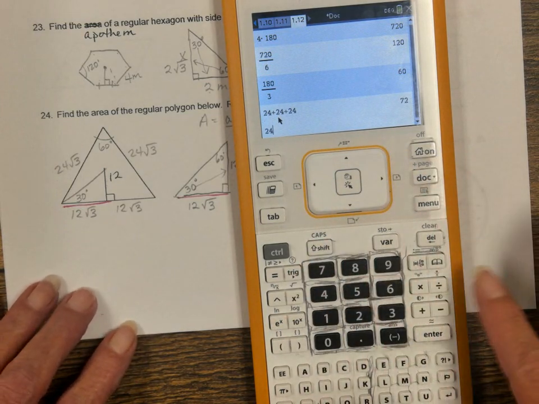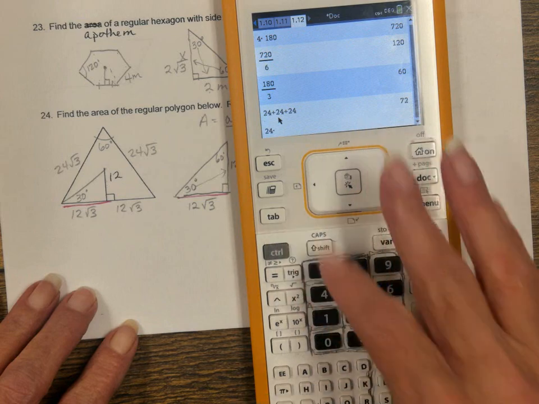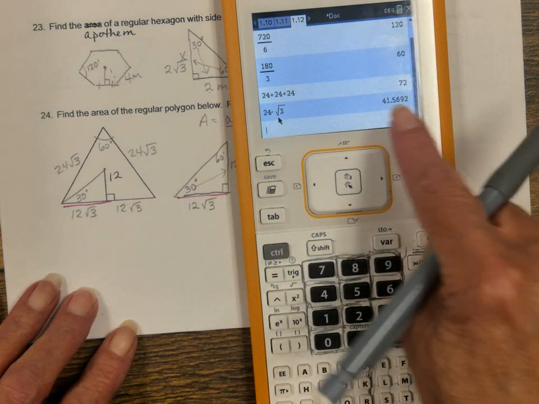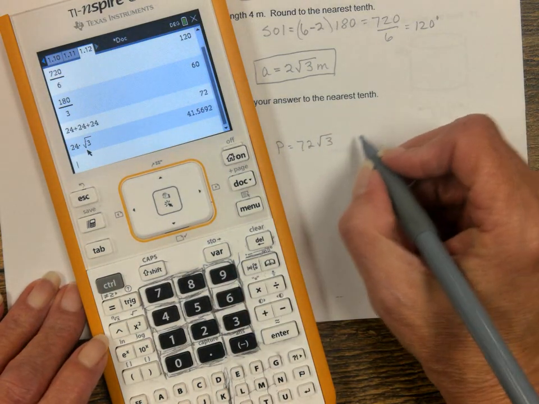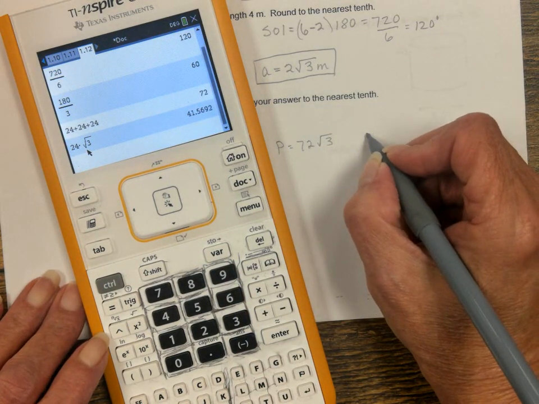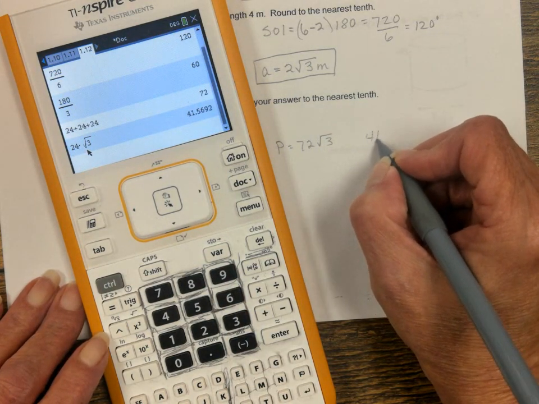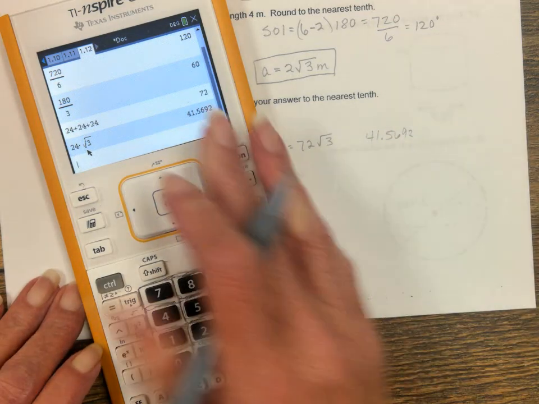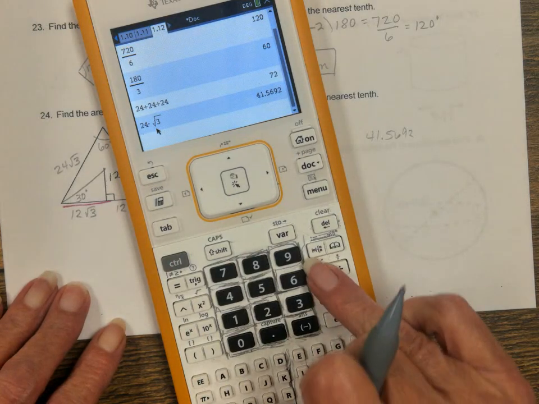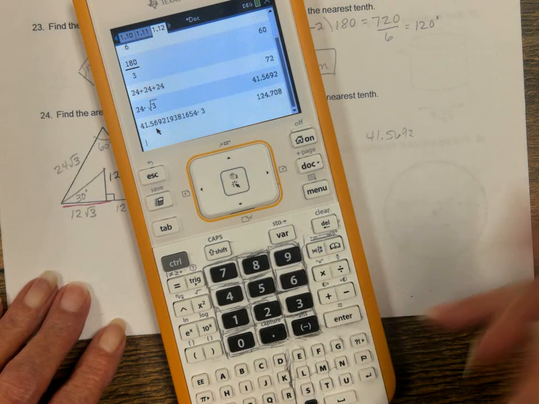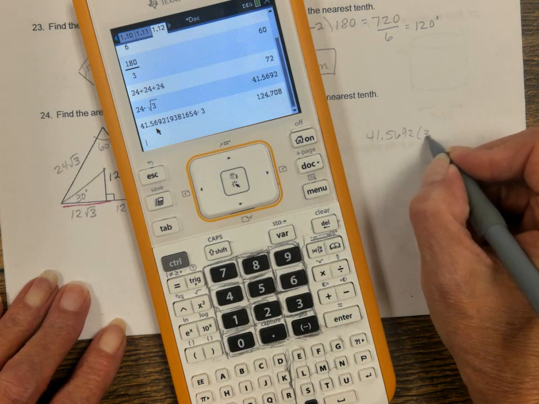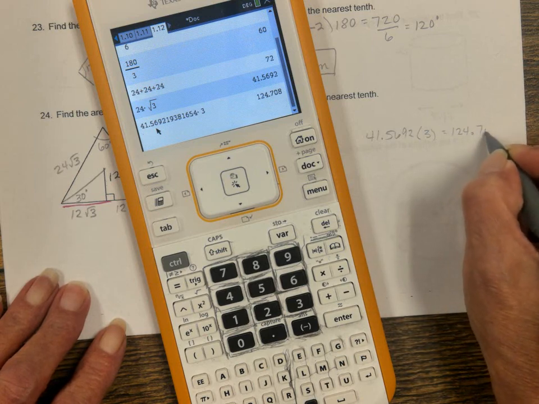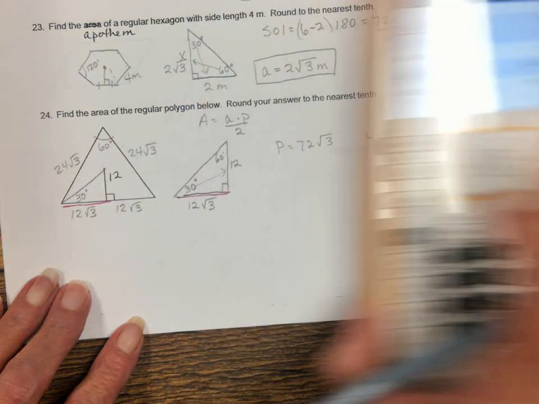24 times the square root of 3 gives me 41.569. That's one side. I'm going to multiply it by 3 and get 124.708.